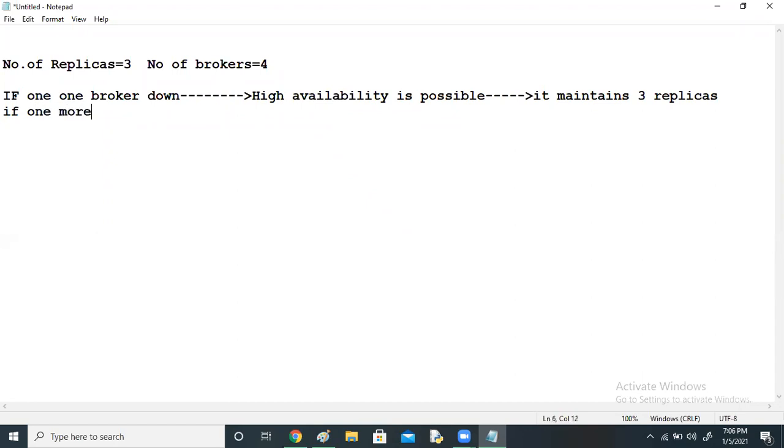If one more broker is down, then high availability is not possible. It can maintain only two replicas.